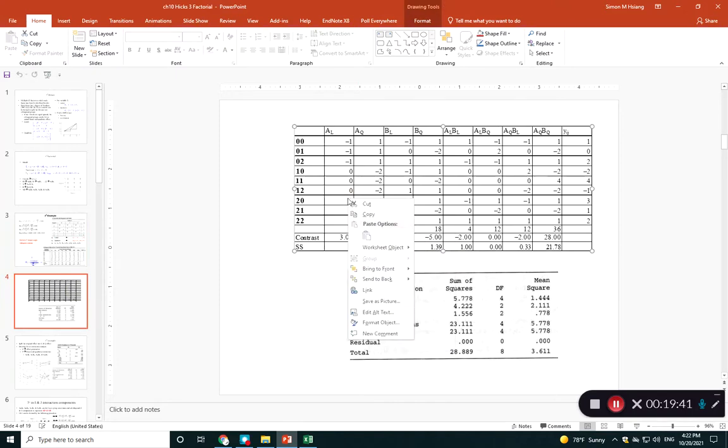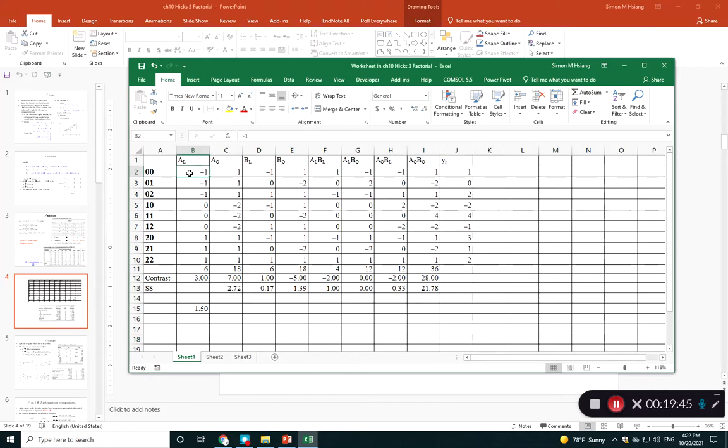Okay, so now let's do the computation. And here is the spreadsheet I gave you. For this, first, linear, quadratics.